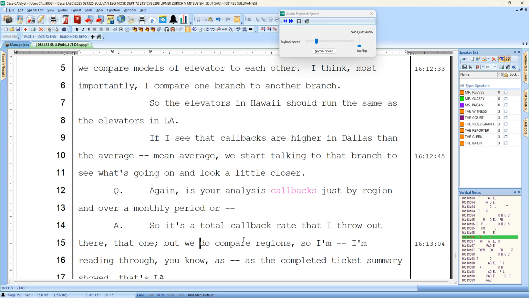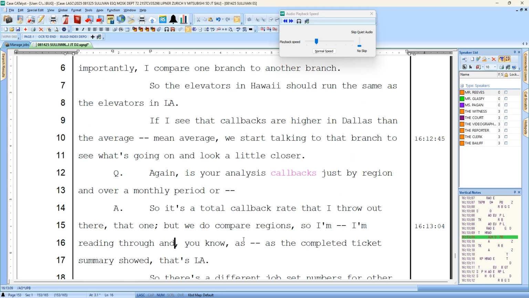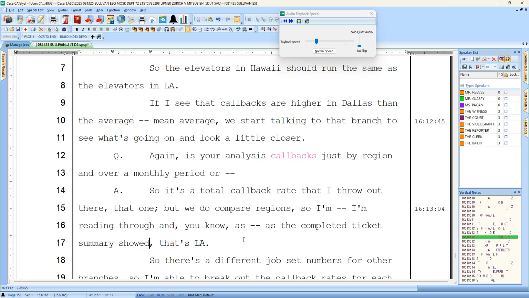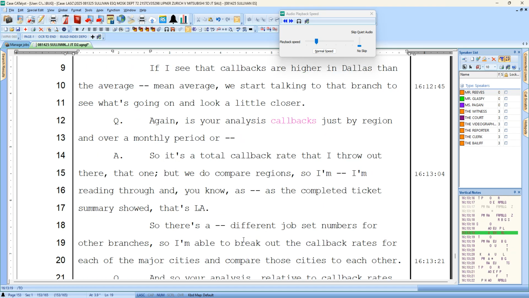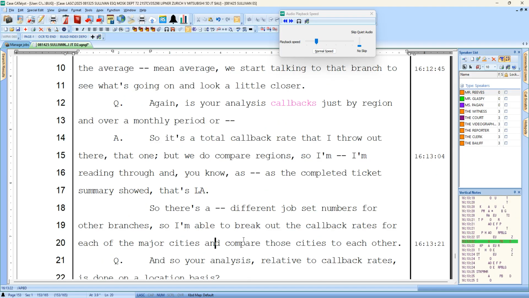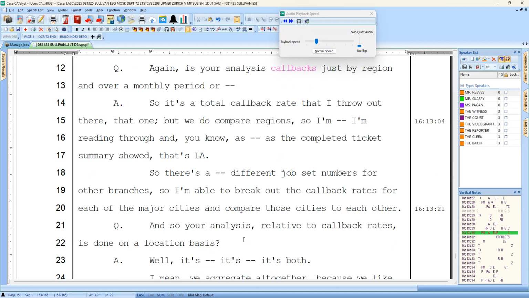So I'm reading through, and as the completed ticket summary showed, that's LA. So there's a different job set numbers for other branches. So I'm able to break out the callback rates for each of the major cities and compare those cities to each other. And so your analysis relative to callback rates is done on a location basis?